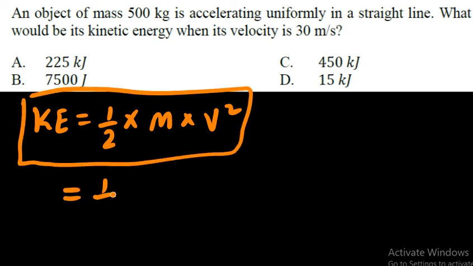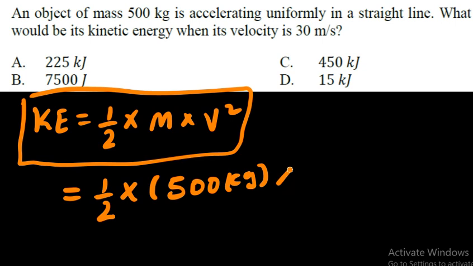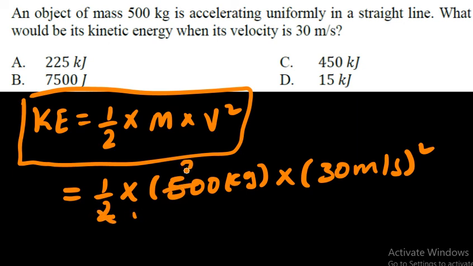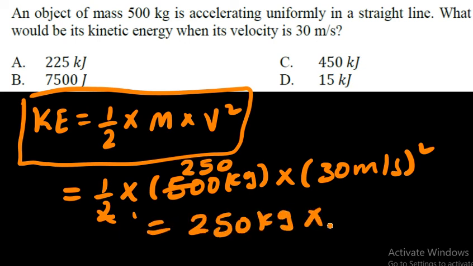So it is equal to half times the mass, which is also given, 500 kilograms, multiplied by the velocity of 30 meters per second, squared. You can simplify by 2, 500 over 2 gives 250. So what is left is 250 kilograms multiplied by 30 squared, which is 900 meters squared per second squared.